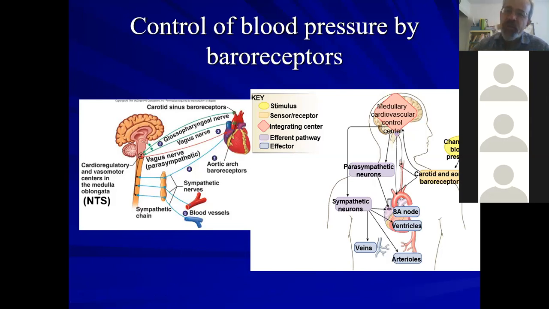And depending on what the pressure is, they report this information back to the brain. This will either activate the sympathetic system, if the pressure is too low and we want to increase it, or, if the pressure is too high, it'll activate the parasympathetic to decrease it. So let's take a look and see how that happens.